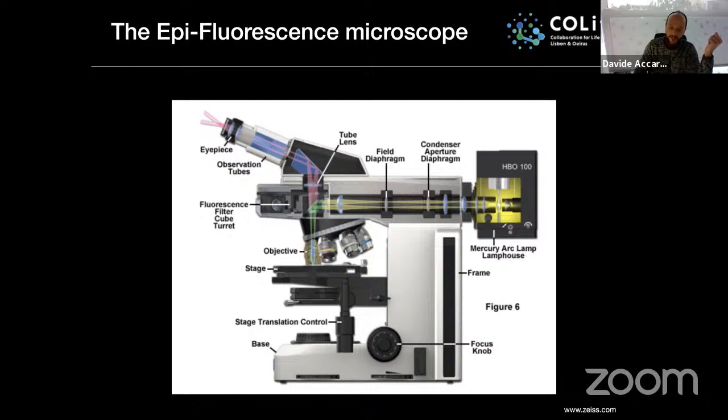After the main beam splitter there is another optical element, the emission filter, which further cleans up the signal and makes sure that only the signal of interest reaches your detector, which in this case could be your eyes, but it could be a camera, photomultiplier tubes, or many other kinds of detectors.